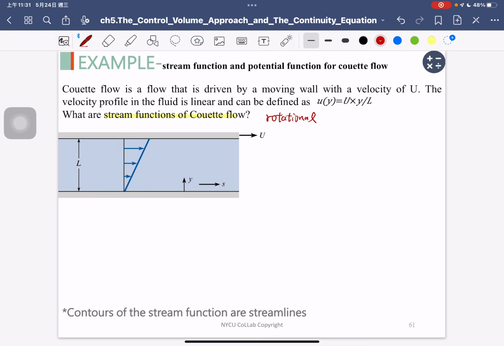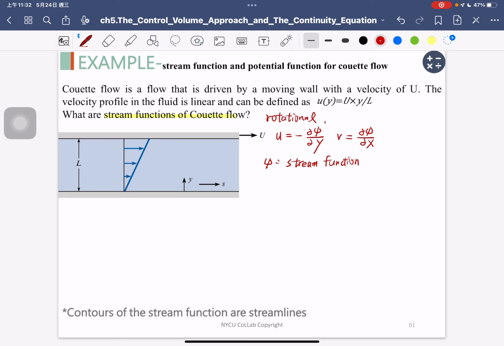Okay? But we know the definition of the stream function: u is equal to minus dψ/dy, and v is dψ/dx, right? And the ψ here is our stream function.